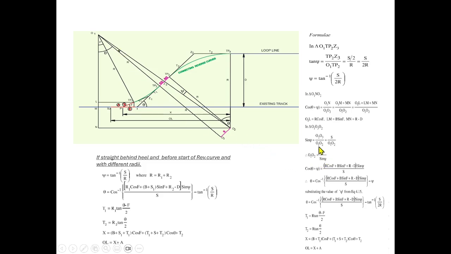In terms of psi, O1 O2 equals S by sin psi. Then we substitute: cos of theta plus psi equals adjacent side divided by hypotenuse. From there we resolve for theta, so we are able to get the theta angle.